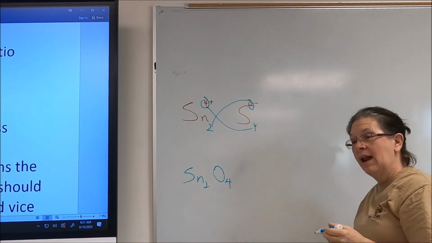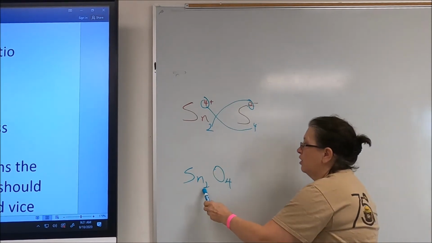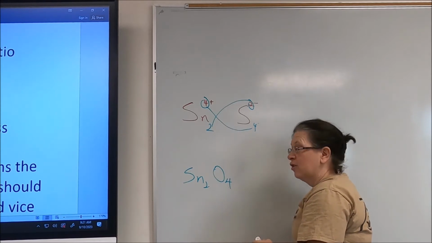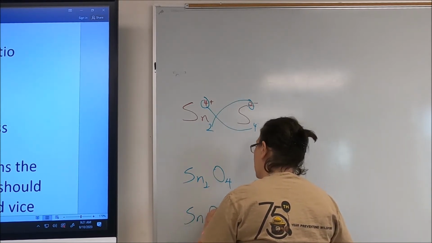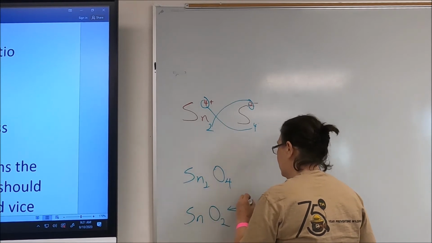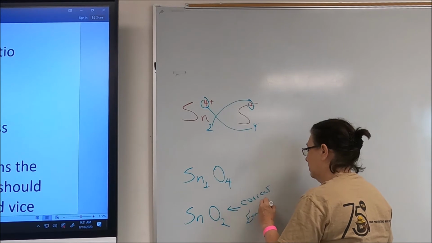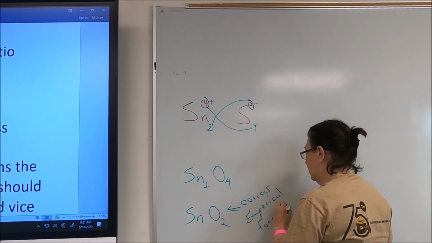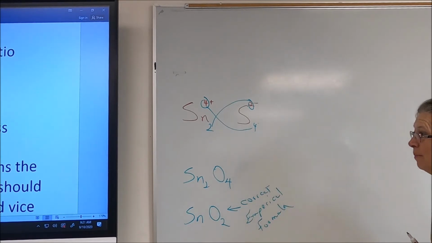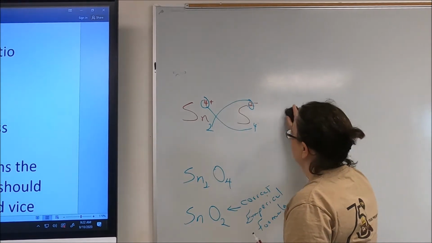But remember, for ionic compounds, we need to have the smallest whole number ratio. The 2 and the 4 have a common factor of 2. So I'd simplify this to SnS2. So that's the correct empirical formula. And now it's just a matter of practice.